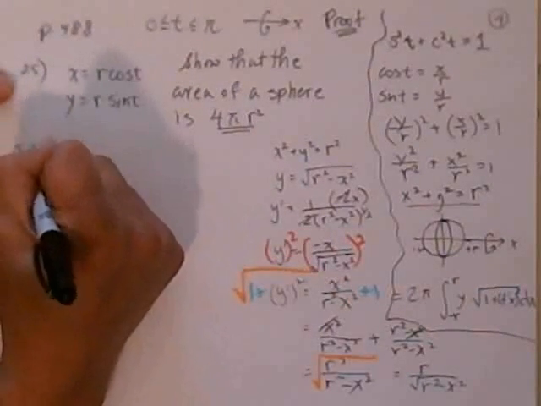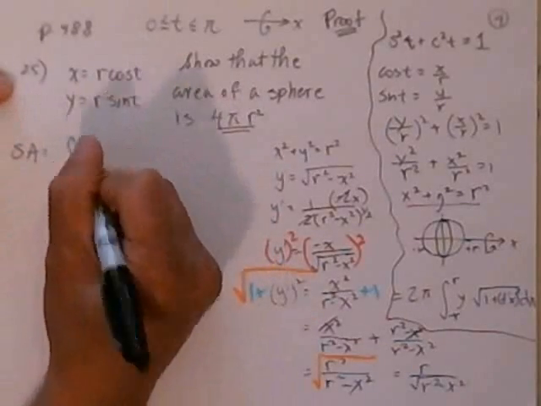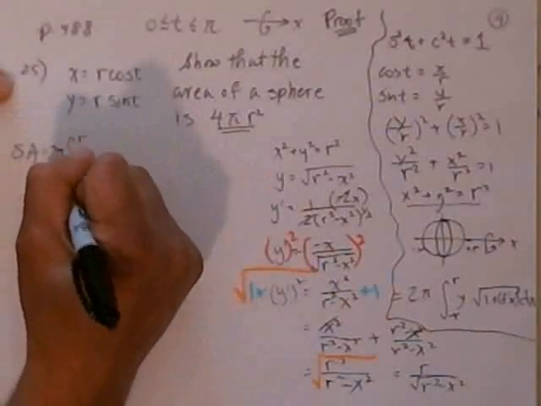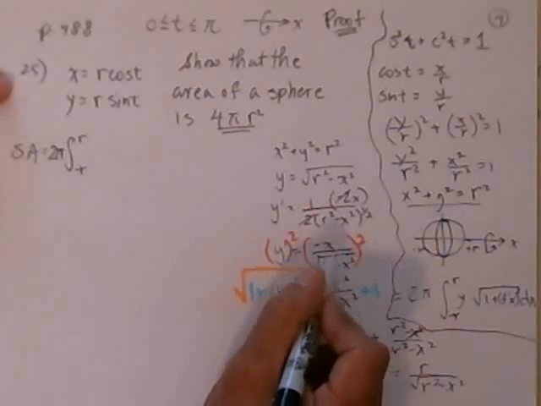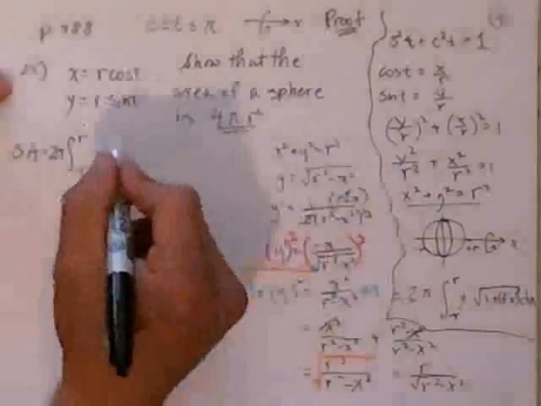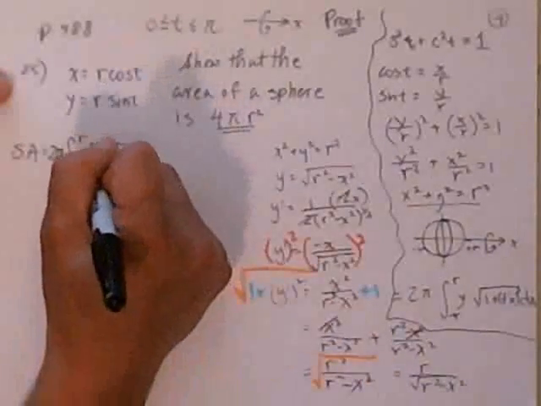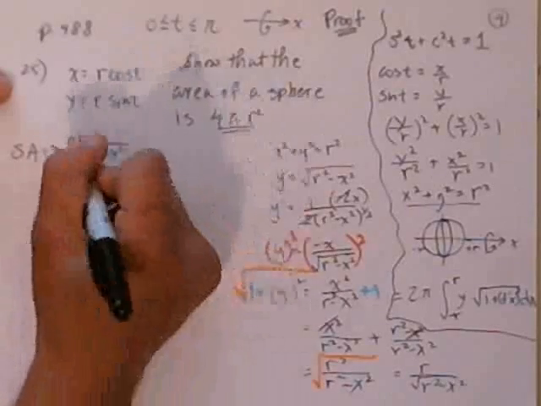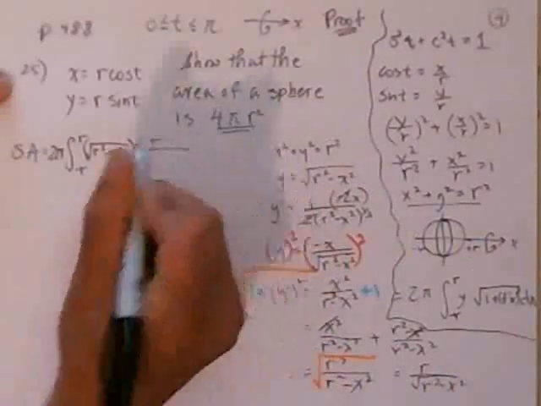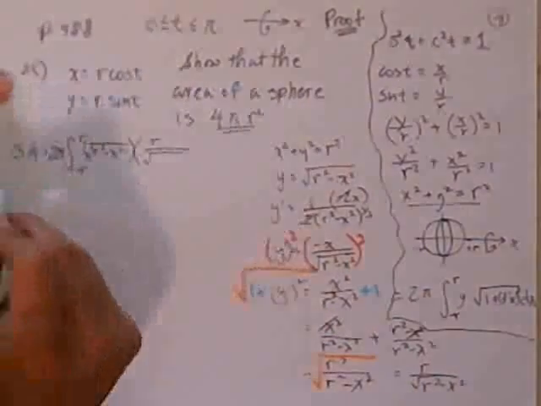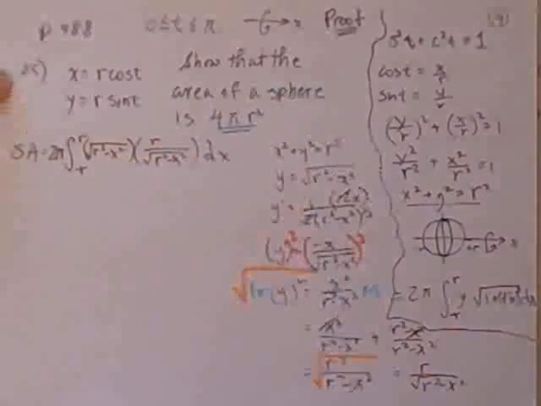So the surface area is equal to integral from negative r to positive r, 2 pi, factor up the 2 pi, and then y, our y value was right over here. That's our radius, not that r, square root of r squared minus x squared times r over the square root of r squared minus x squared dx.